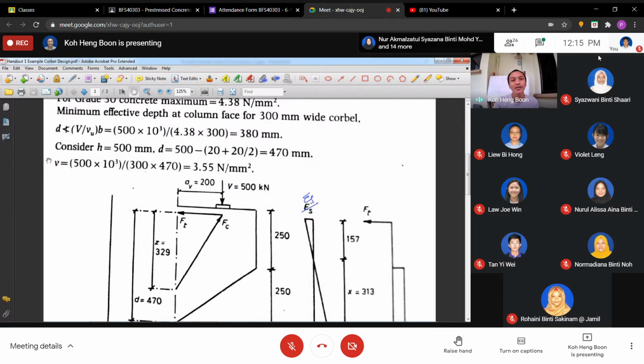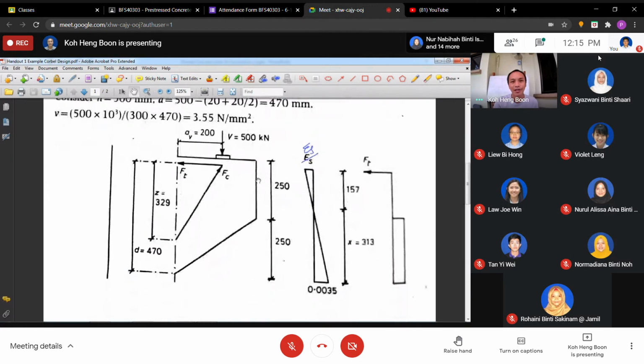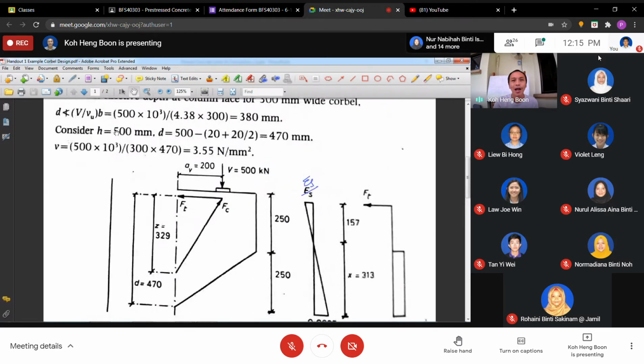So in this case, you decided to use 500. The effective depth is 500 minus the concrete cover. It did not mention here, but say the concrete cover from the bottom is 20 mm. Assuming the main reinforcement is 20 mm also, so half of it. So the effective depth is 470.